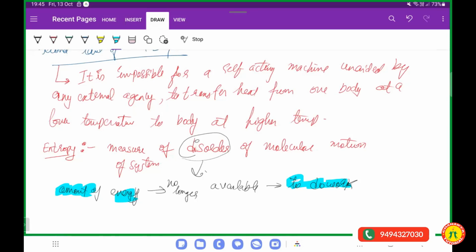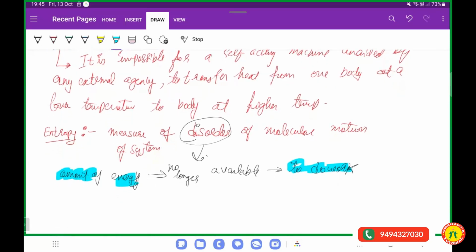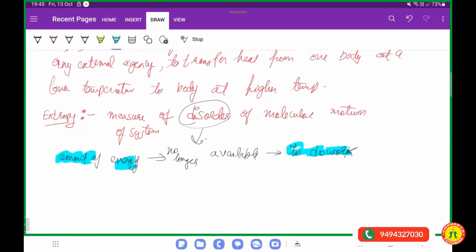One more thing to keep in mind: the greater the disorder, the greater the entropy. Greater the amount of energy no longer available, greater the entropy change.